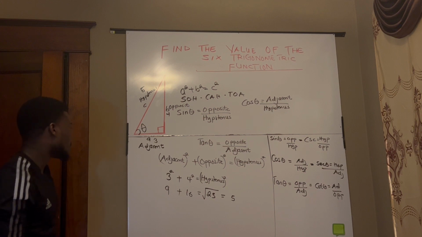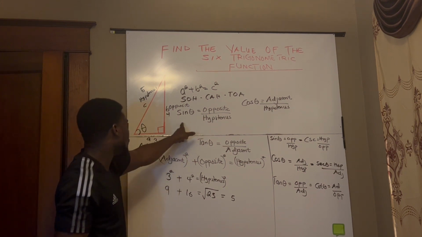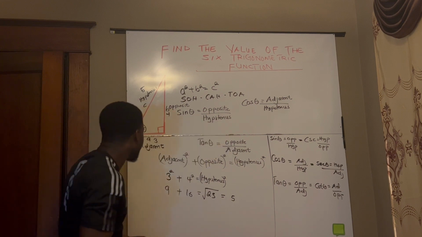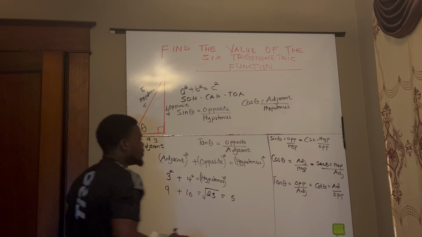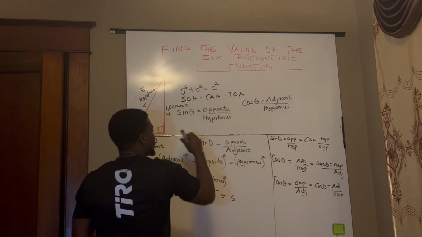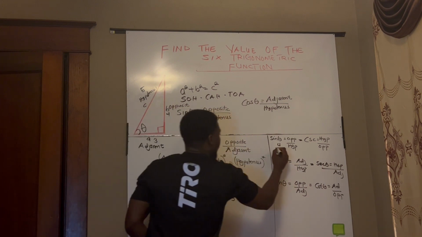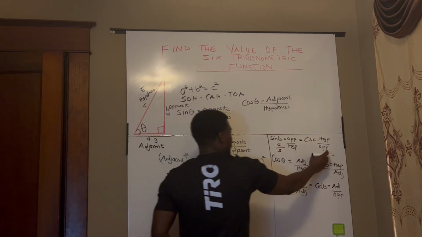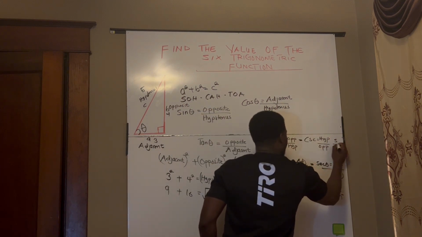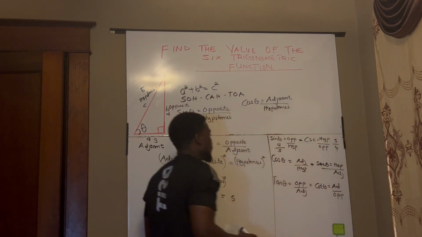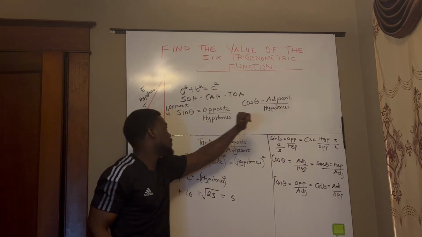So sine is equal to opposite over hypotenuse. Opposite was 4 and hypotenuse is 5, so sine theta is 4 over 5, and because the reciprocal is vice versa, cosecant is 5 over 4. Our cosine is adjacent over hypotenuse.